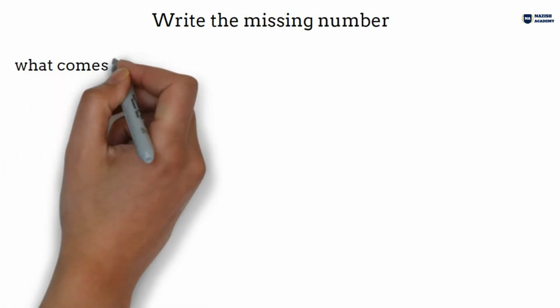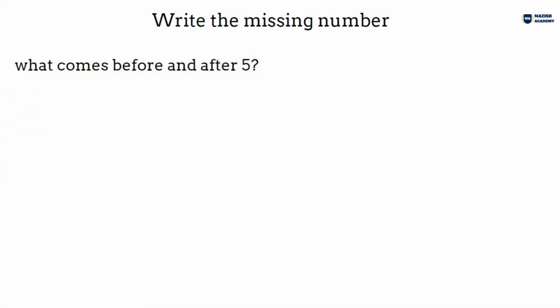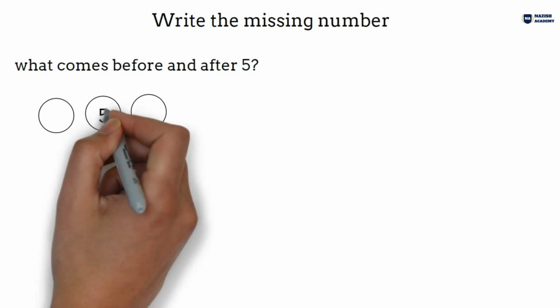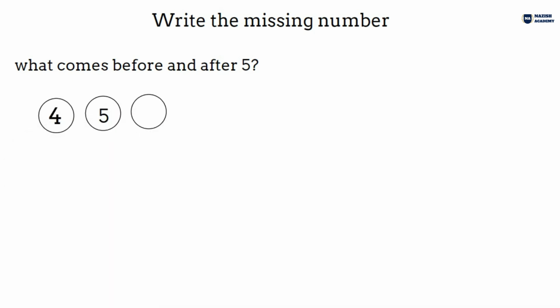Write the missing number. What comes before and after 5? हमें बताना है 5 से पहले और 5 के बाद कौन कौन से नंबर आते हैं. Tell me, you know counting 1 to 9? Yes. 5 से पहले 4 and after 5, 6.